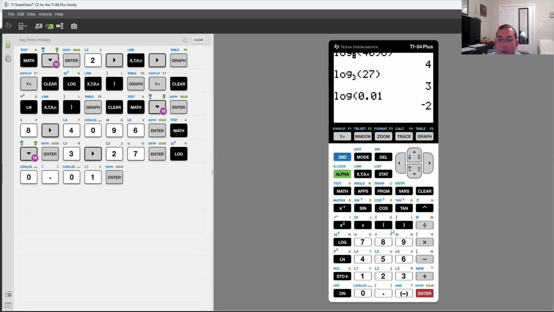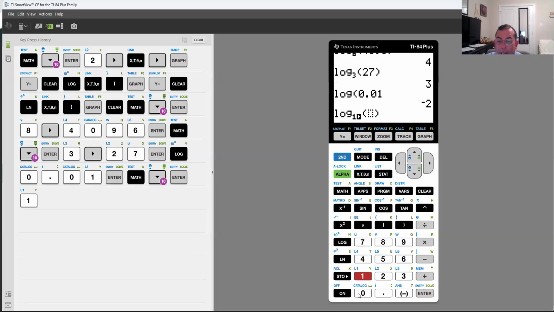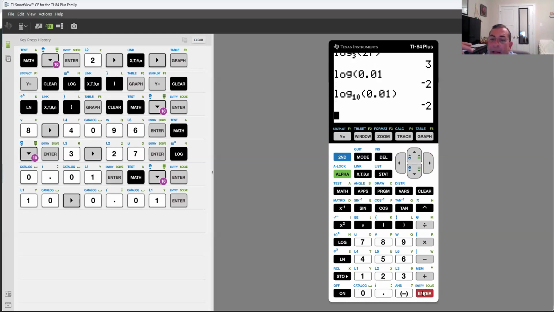You get a -2. Or you can do the log base by hitting math, arrow down to log base. You can put the 10 there and then the 0.01. When I hit enter, I still get a -2. So if your base is a 10, you have options on that one.